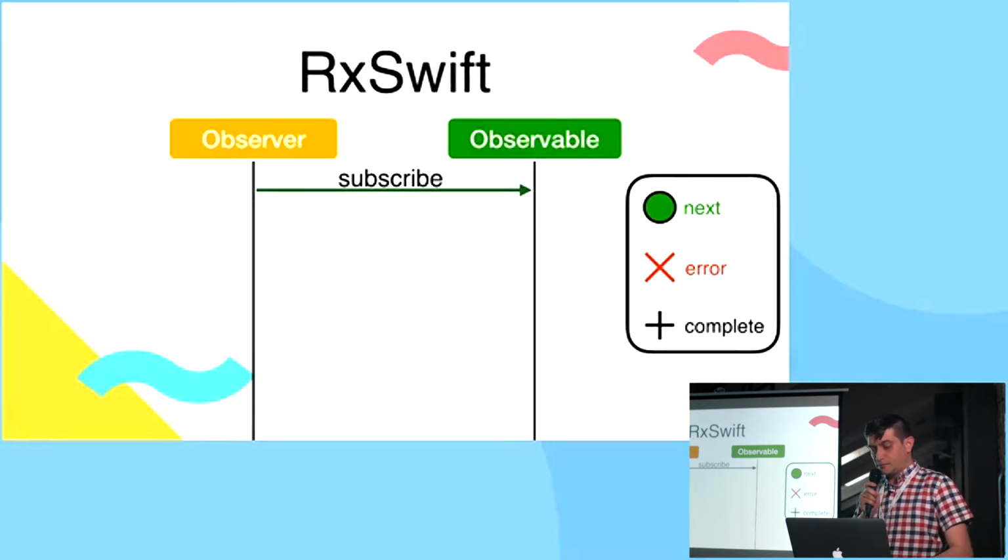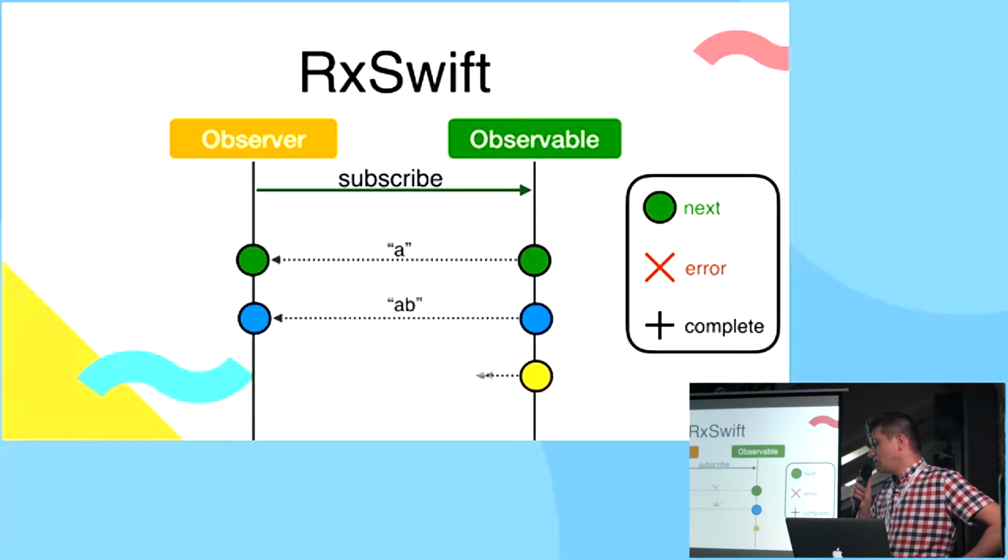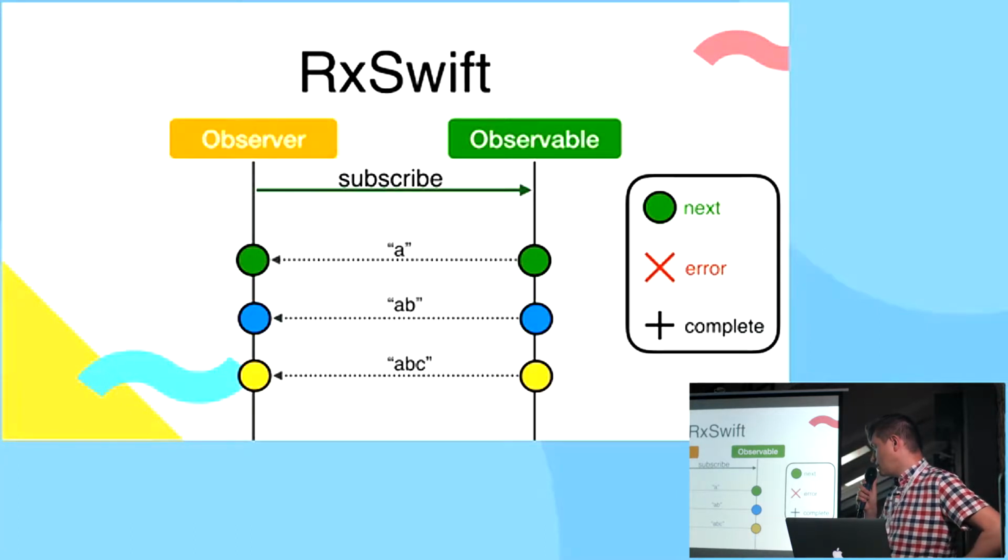And for example, if you try to observe a UI text field, when the user types the short word ABC, we will receive three next events, and every next event will carry a longer word, so A, AB, and ABC.